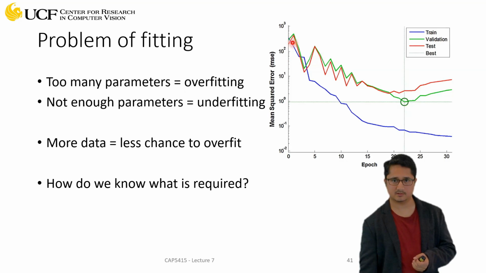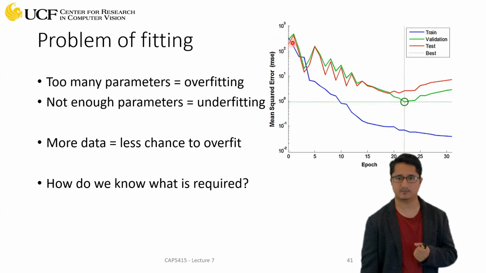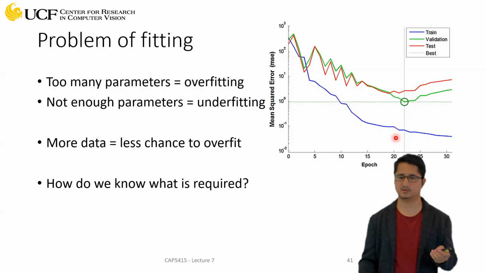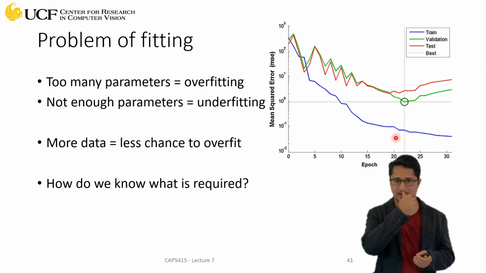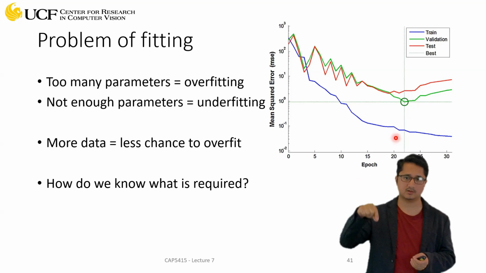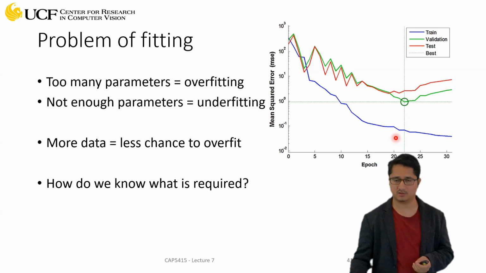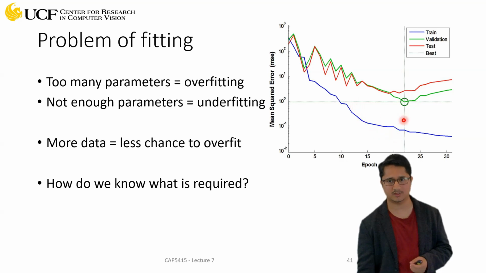You can see initially the loss is very high for all three, which means the network is bad. But as you keep updating the network weights, the training loss is reducing, which should happen because you're using this loss to update those parameters, and you're moving in the direction which reduces the loss value. So ideally, your training loss should always go down unless your hyperparameters are not correct.